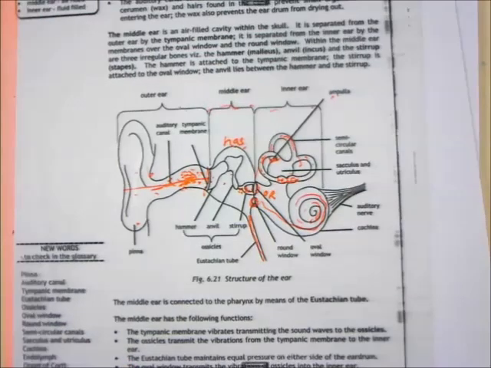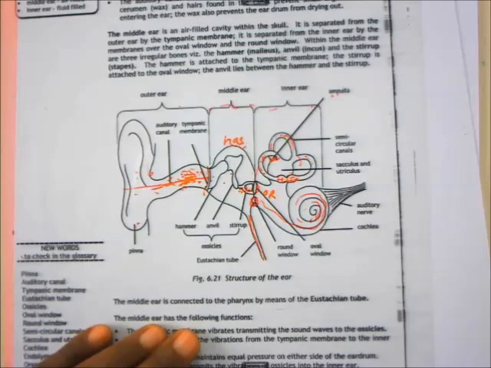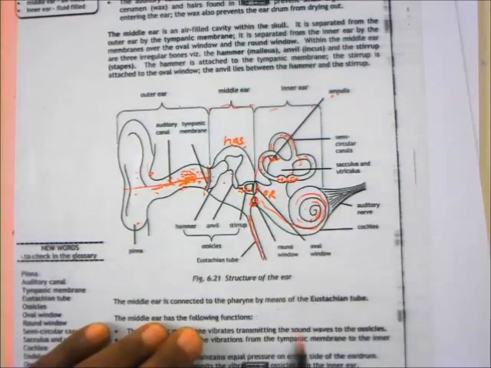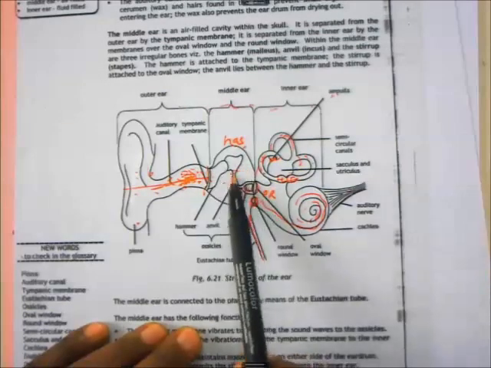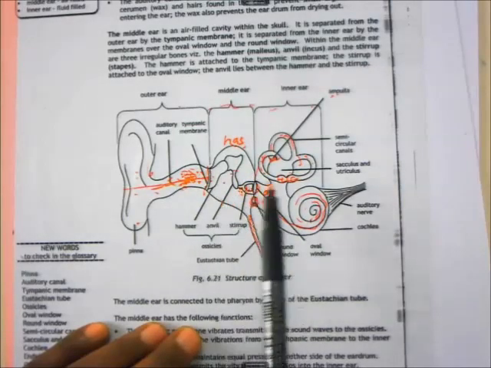So now another problem that we can experience with our ears that can impair hearing is if maybe there is an infection inside the middle ear. What can cause the infection in the middle ear? Could be if maybe a person has a flu.